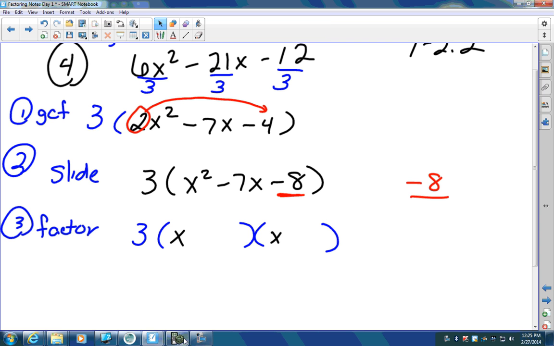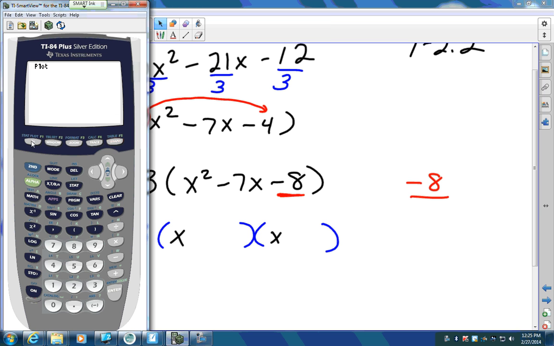Now, what I'm going to remind you again, go in the handy dandy calculator. Put in there negative 8 divided by x. Second graph. What do my factors need to add up together to be? They need to add up to give you the middle term, negative 7. So look at the first one.